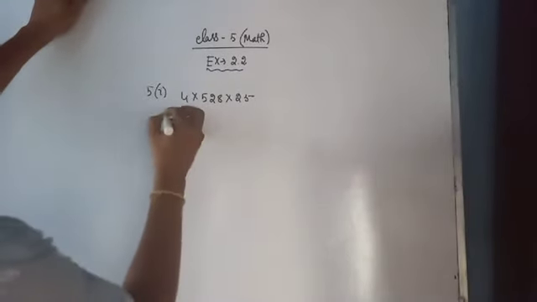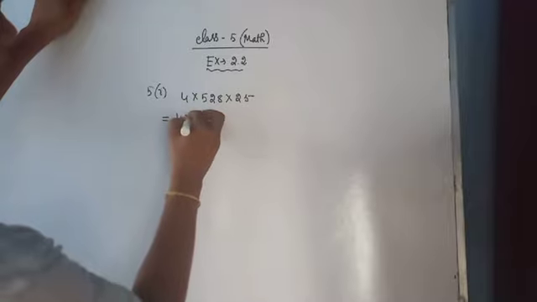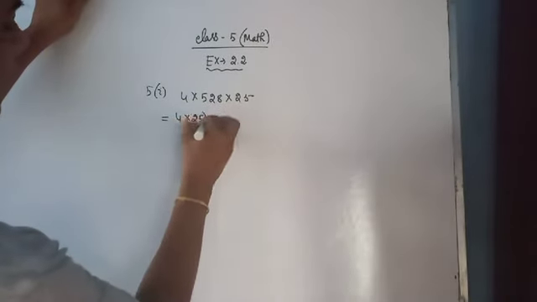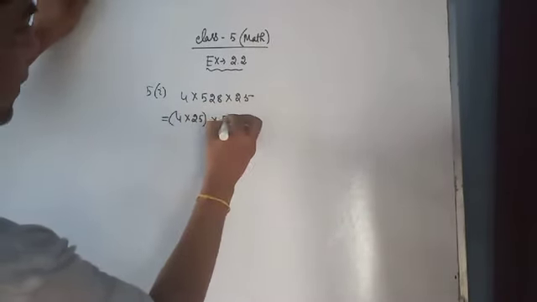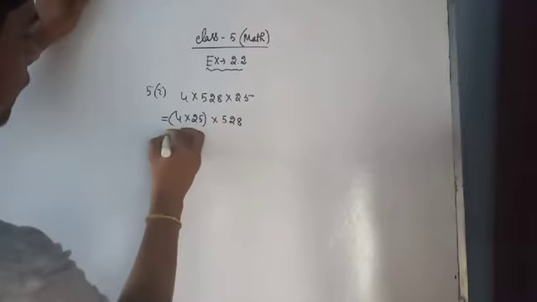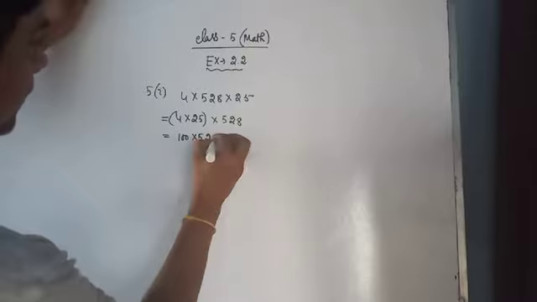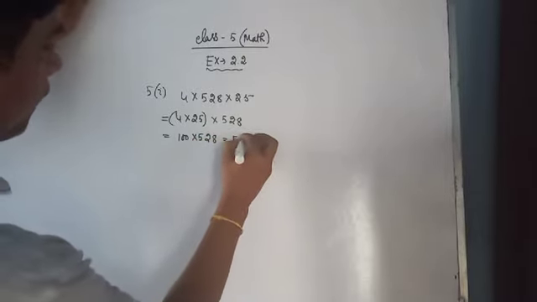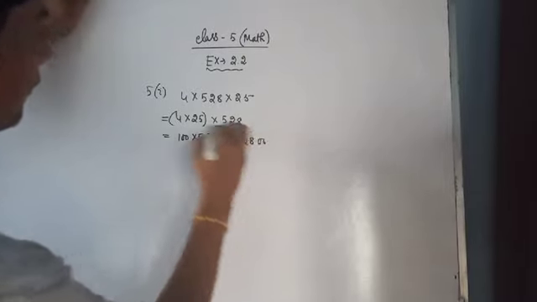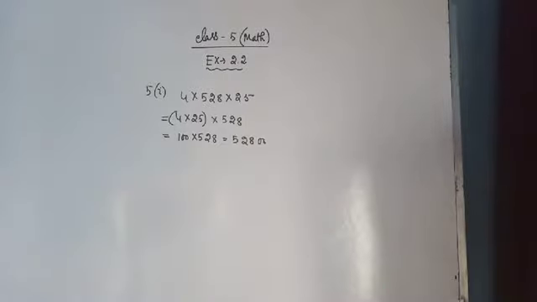Same way. What is the same way? If you calculate 4 into 25 first, that is 100, into 528, then your calculation is 52800. See that? That is the easiest way to do the calculation.